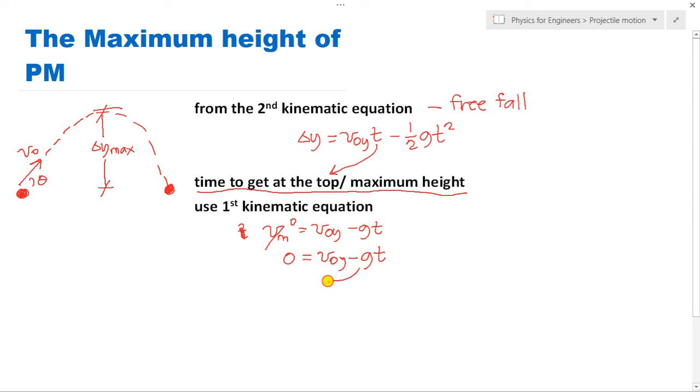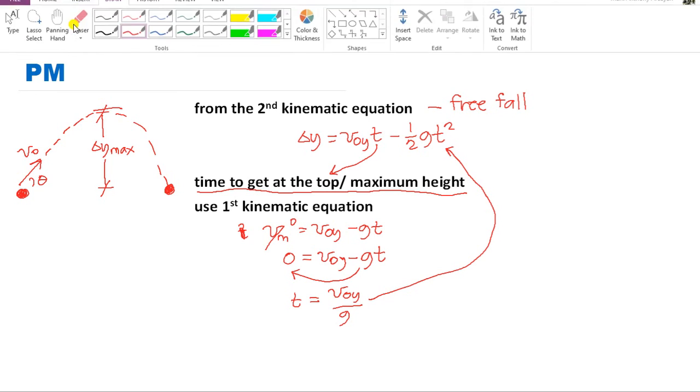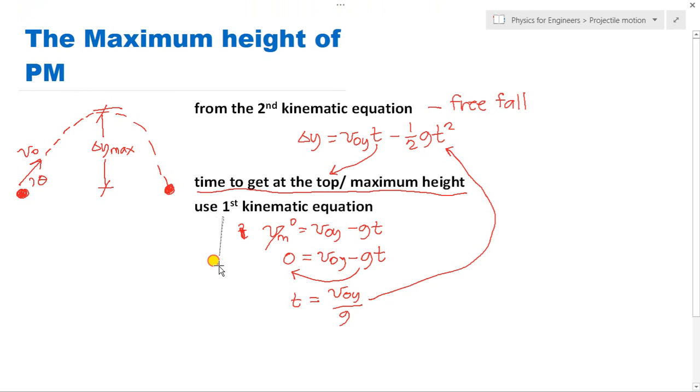Then transpose this to the other side. So we have time is equal to v naught y all over g. Therefore, we can now substitute this to our second kinematic equation here. So let's do that. So erase muna natin para hindi siya mag-lag.